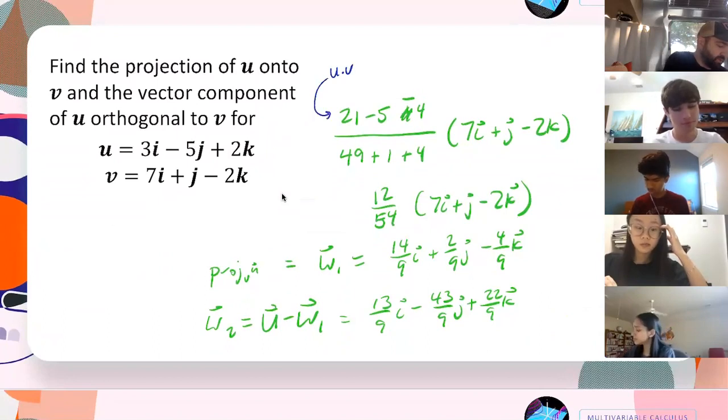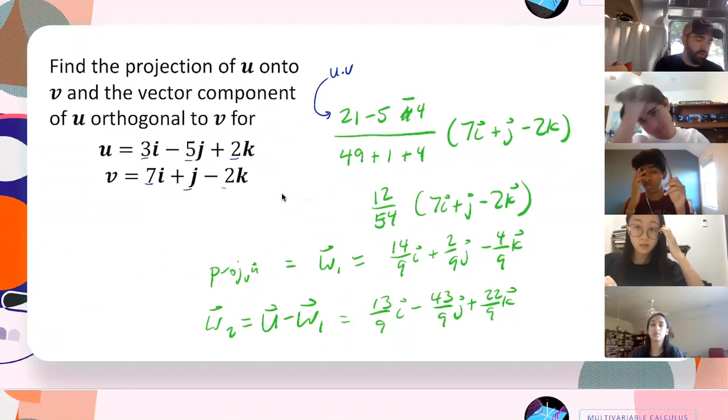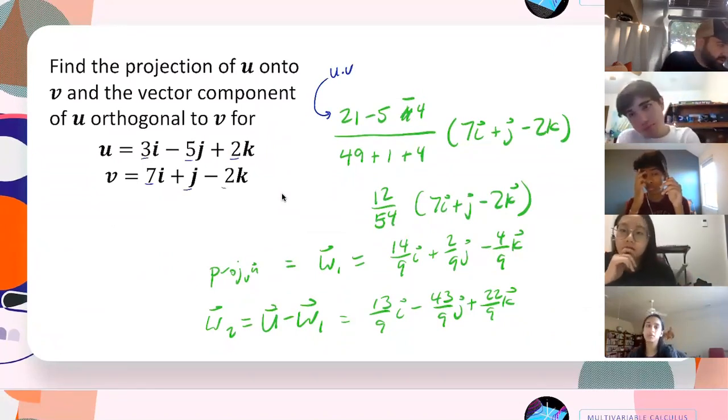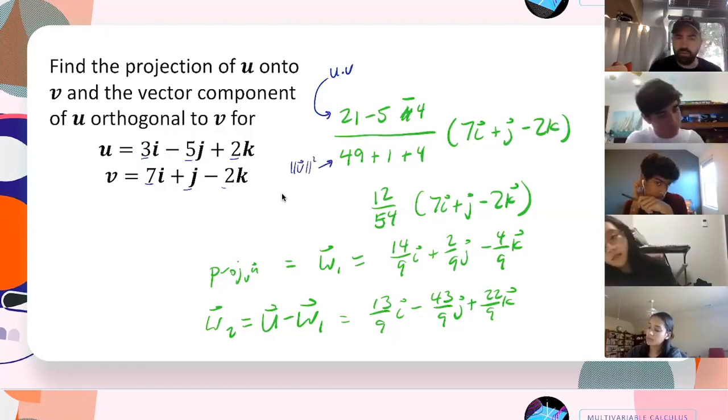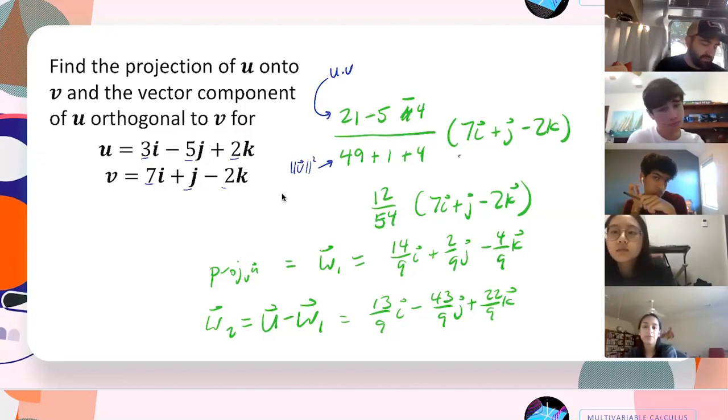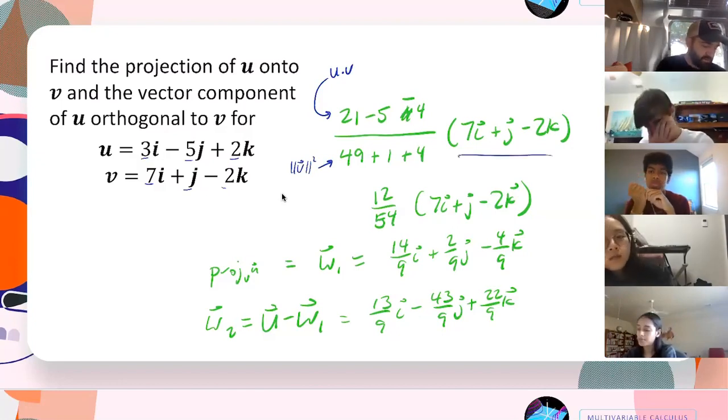I went component by component: 3 times 7, -5 times 1, 2 times -2. Then this is the magnitude of v squared here. I squared all the components and added them together, then times v, and I just simplified. So here's my projection down here.